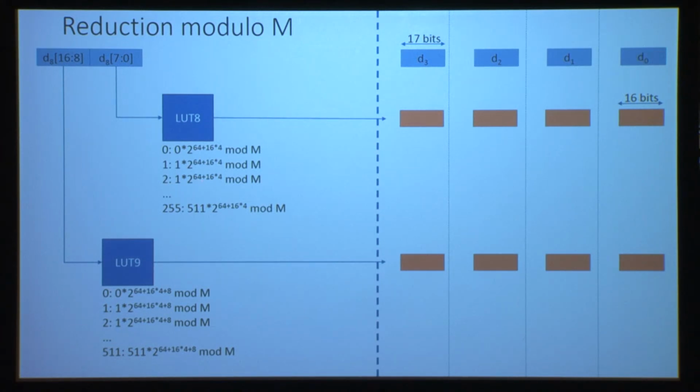The only difference between this one and this one is that there's a plus 8 here, because this has weight plus 8. So this has 2 to the 64 plus 16 times 4, but there are extra 8 bits here, so we need to have this extra 8 bits. So these are different lookup tables, and they can be accumulated here. But now this is practical. An 8-bit read address for a lookup table is practical.